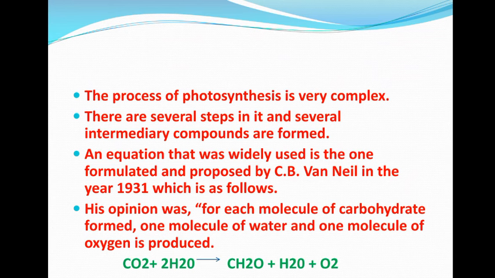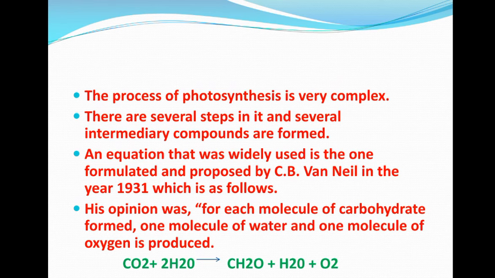An equation that was widely used was formulated and proposed by C.B. Van Niel in the year 1931. In his opinion, for each molecule of carbohydrate formed, one molecule of water and one molecule of oxygen is produced.